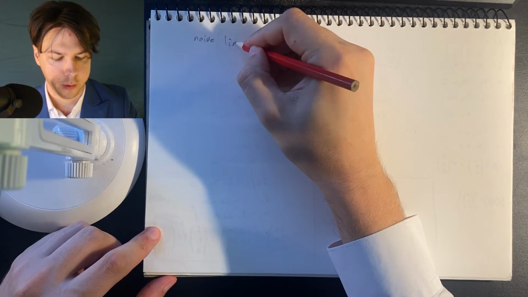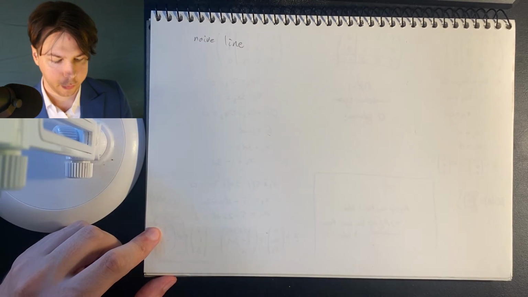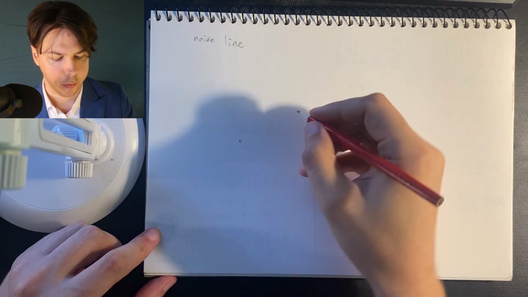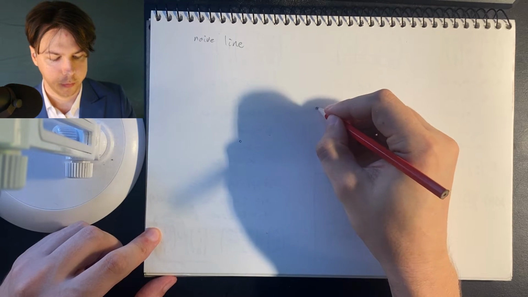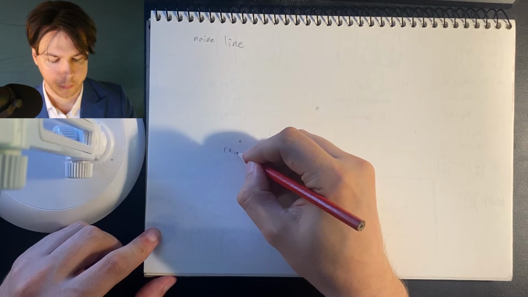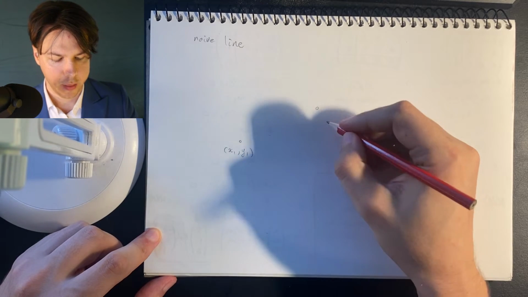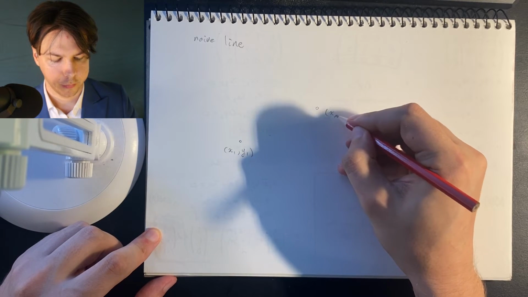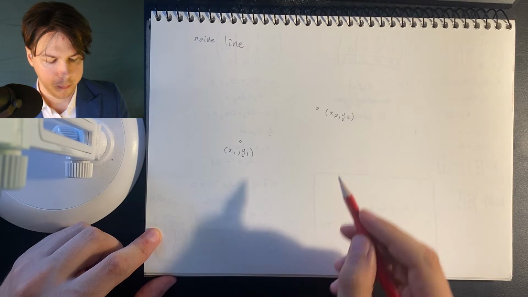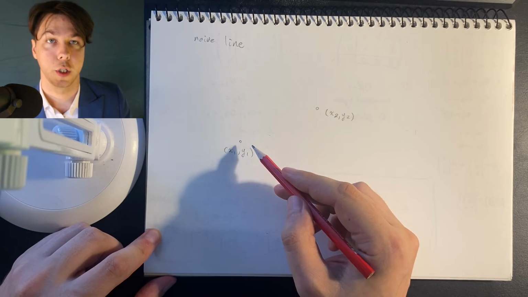So naive line. There are two scenarios. One scenario is where we're drawing between 2 points, call this x1, y1, and the point we're drawing to is x2, y2. This scenario is what I would call a shallow line.